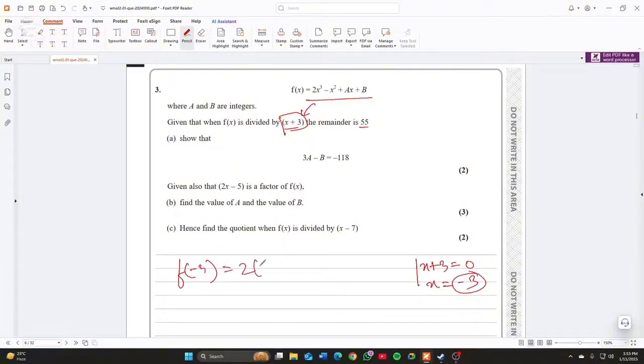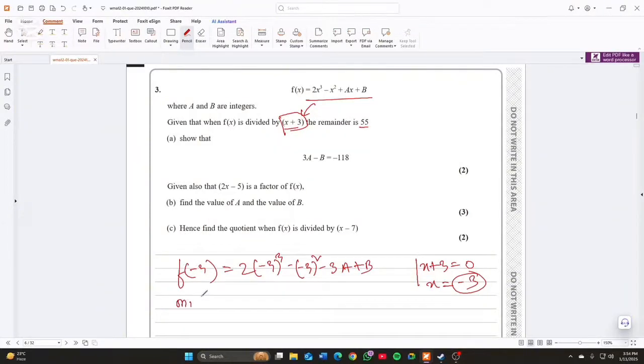So 2 times minus 3 cubed minus 3 squared, minus 3a, sorry, this is not plus. Let me rewrite this as well. So minus 3 squared minus 3a plus b, and the remainder is 55.